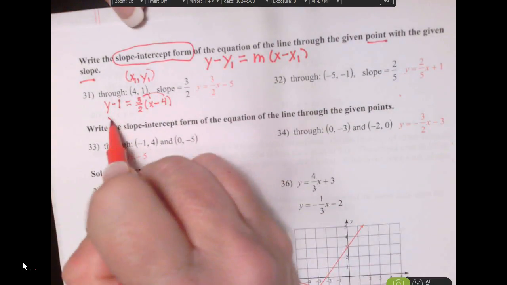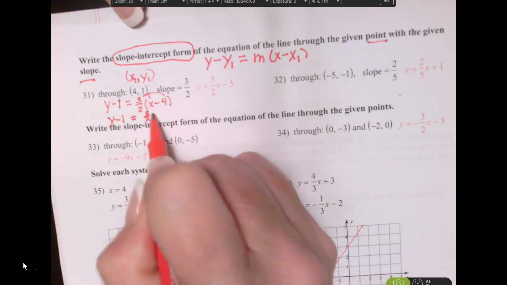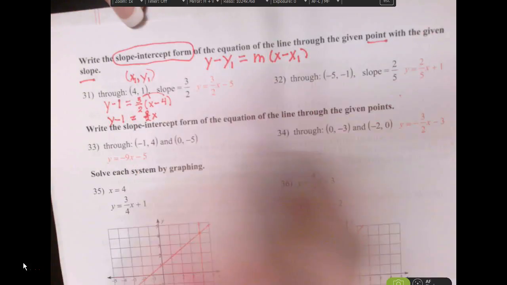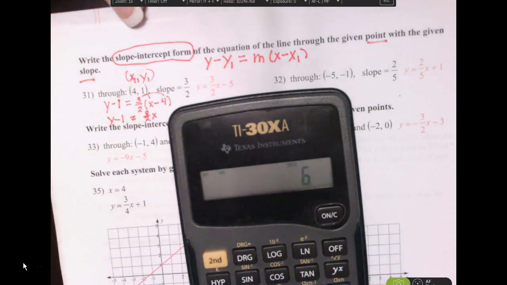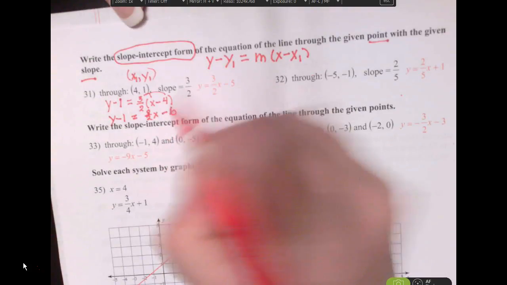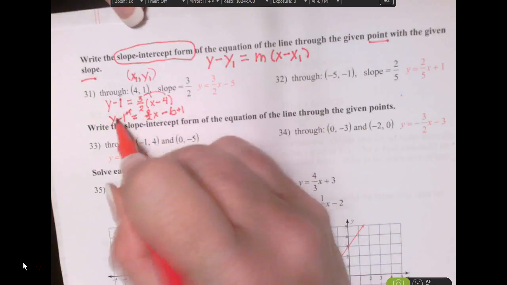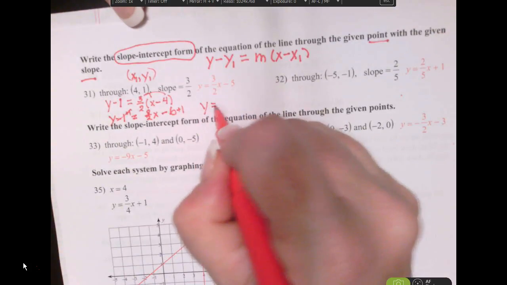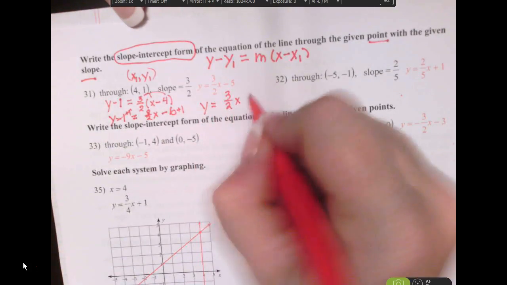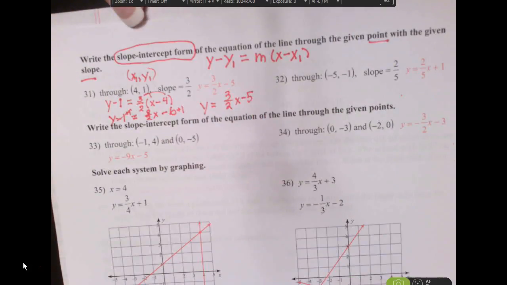So first thing, I'm going to distribute that 3 halves, so 3 halves x, and then 3 over 2 times -4, that's -6. And I want to add 1 on both sides just to get y by itself, and I get y equals 3 halves x. -6 plus 1 is 5.